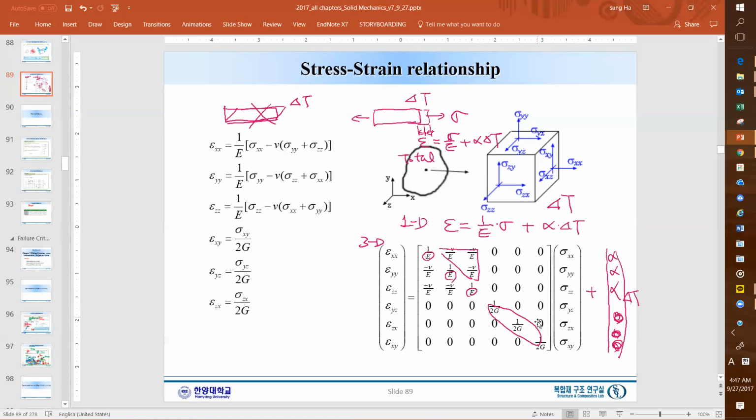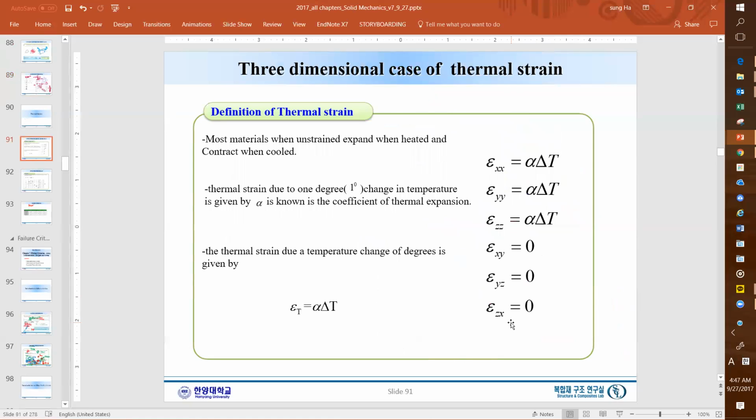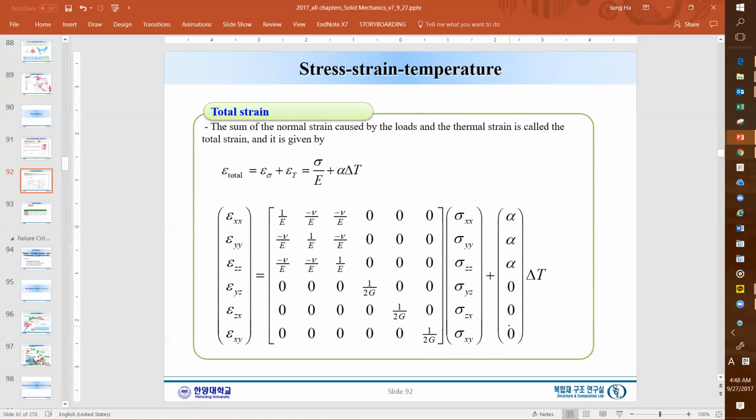In summary, with all stresses zero and only delta T, there will be strain in the X direction, in the Y direction, and in the Z direction, all proportional to delta T, and the proportional coefficient is the same, which is called the coefficient of thermal expansion. This is the 1D version, and this is the 3D version.